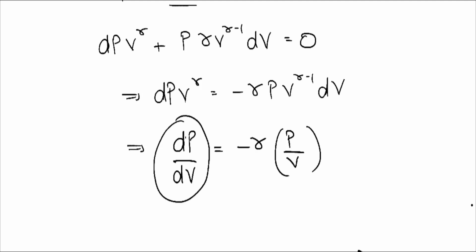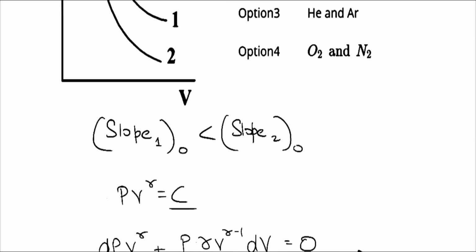Now this term dP by dV is the slope of this PV graph.